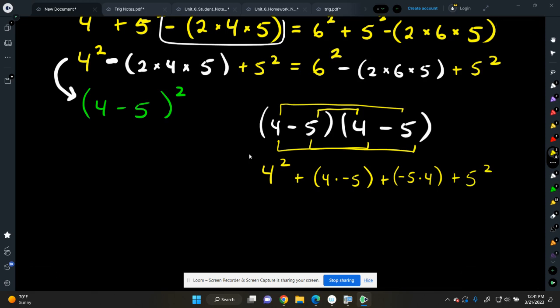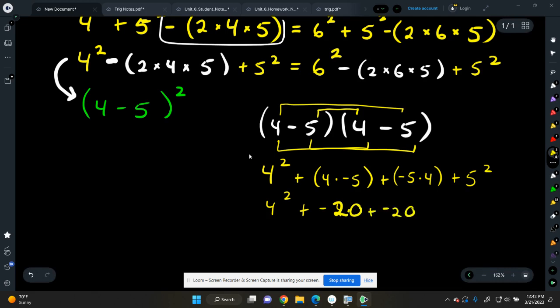It's the same. Yeah, we get 4 squared plus 4 times negative 20, holy smokes, negative 20, thank you very much, plus negative 20 plus 5 squared. What's this equal?